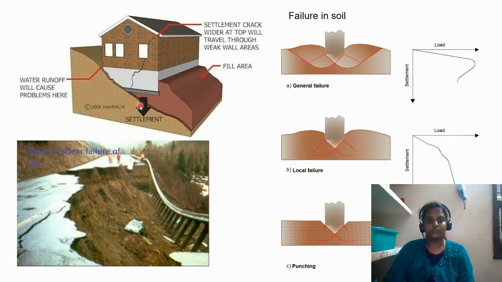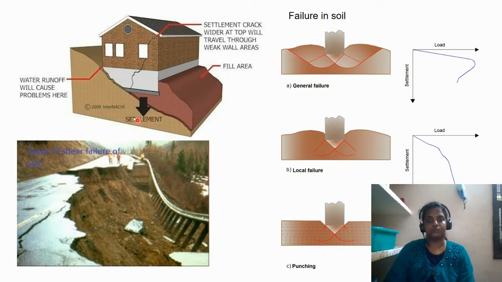Settlement means that once the soil goes down due to the load applied, because of consolidation or because of the removal of water from the soil, ultimately the soil settles and you'll have cracks. This settlement is limited for each type of structure.